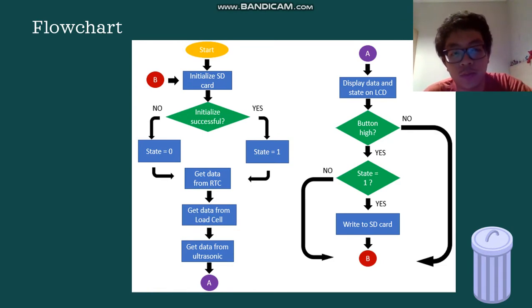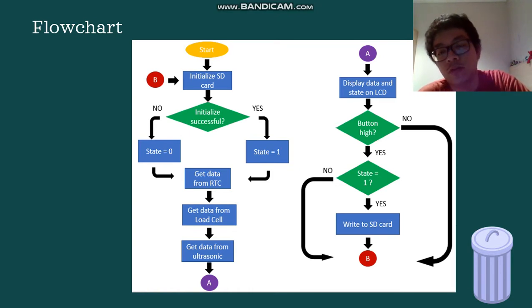Get data from the RTC, from the load cell, and from the ultrasonic, and then display it on the LCD. Before we write our data to the SD card, we must check whether the button is high and also the state is 1. This button is used to determine whether we want to store the data or not.